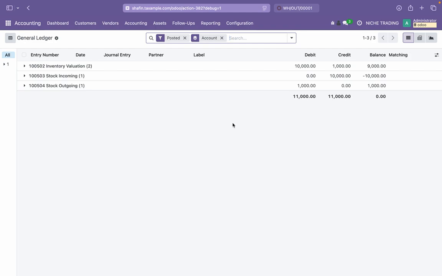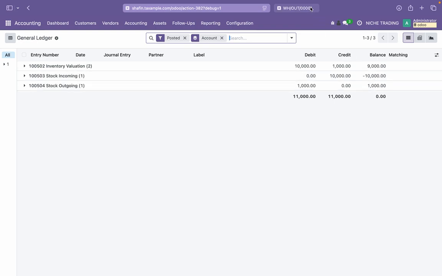This is how the inventory is hit. The inventory valuation has only 9,000 reals worth of item in it. The stock incoming is minus 10,000 and the stock outgoing is 1,000.